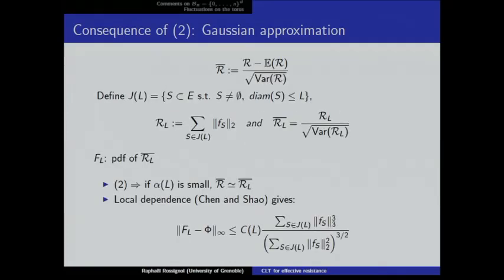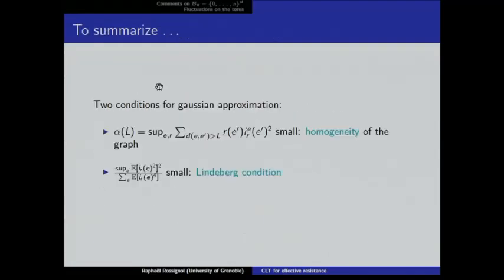And on the other hand, if you can show that alpha L is small, then you know that the original R bar is close to the one where we only kept the small diameter sets. So to summarize, there are two conditions for Gaussian approximation: alpha of L small and the Lindeberg type condition.